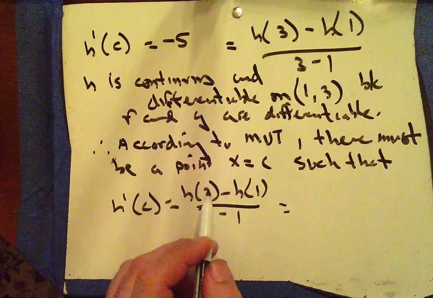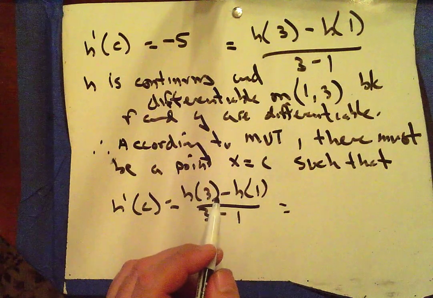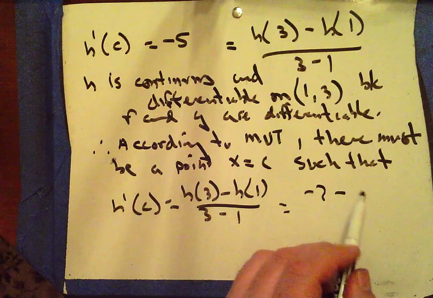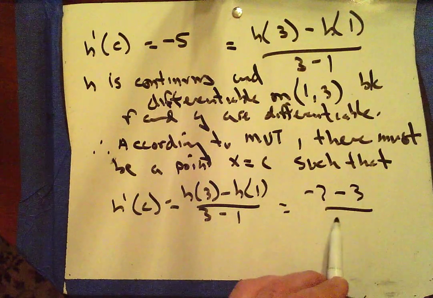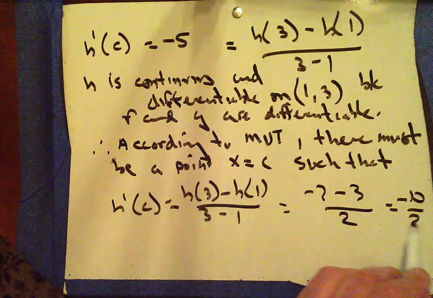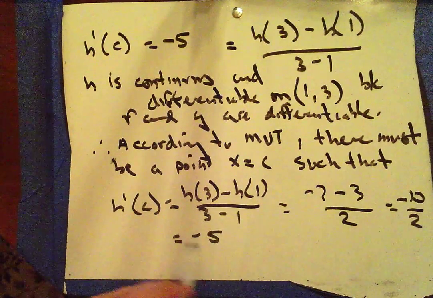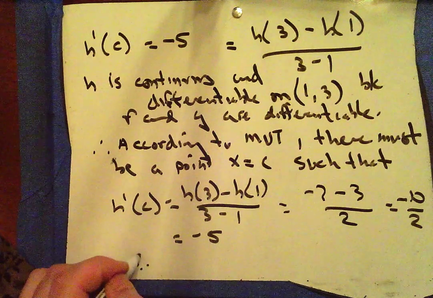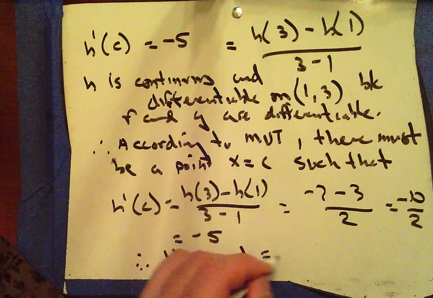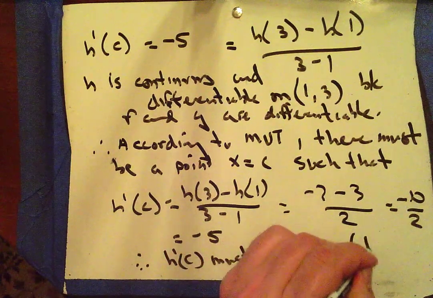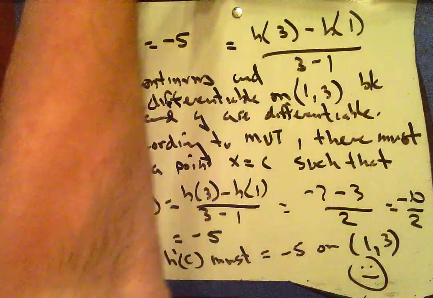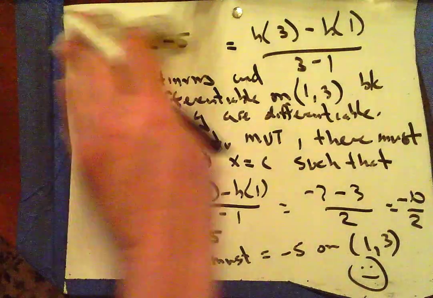Okay, so h of 3 was negative 7. h of 1 was 3, over 3 minus 1 is 2. Negative 10 over 2 equals negative 5. Therefore, h prime of c must equal negative 5 on 1 to 3. Done. Okay, that was part B for number 8.